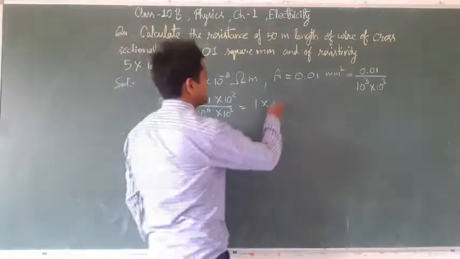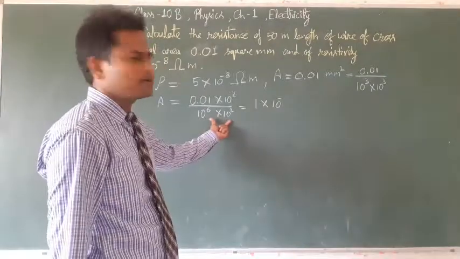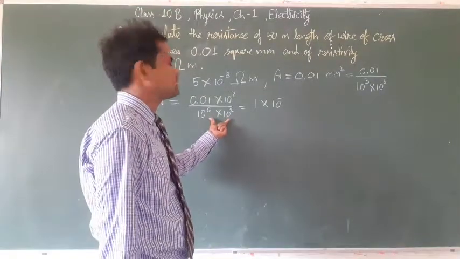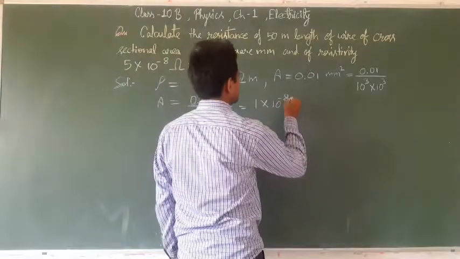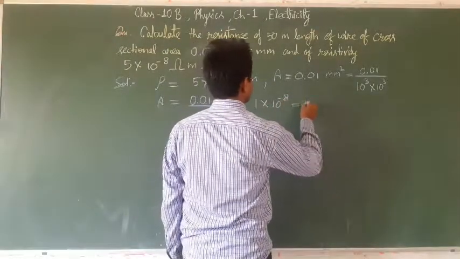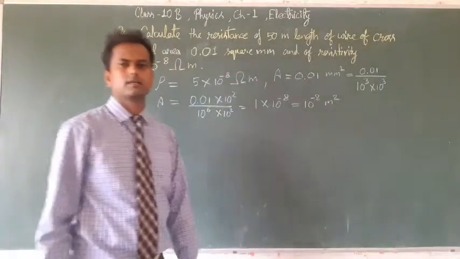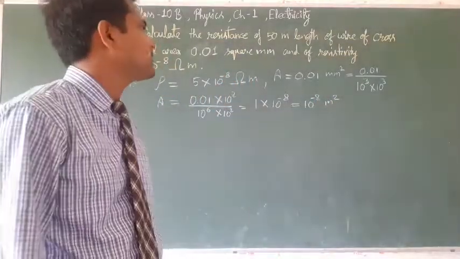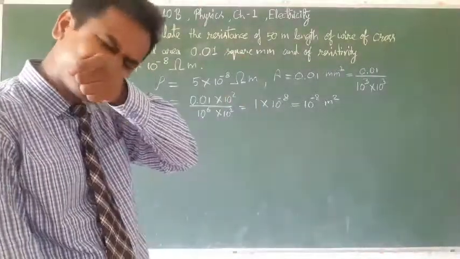And if you take this as a numerator, then this will become 10 to the power minus 8. That is 10 to the power minus 8 meter square. So area will be 10 to the power minus 8 meter square after converting millimeter square.